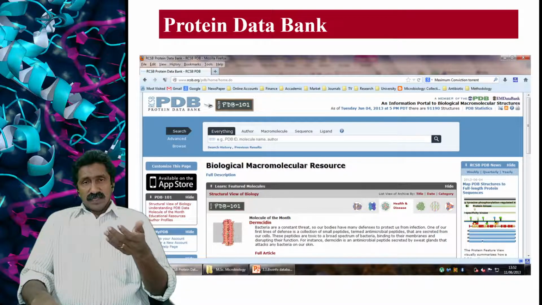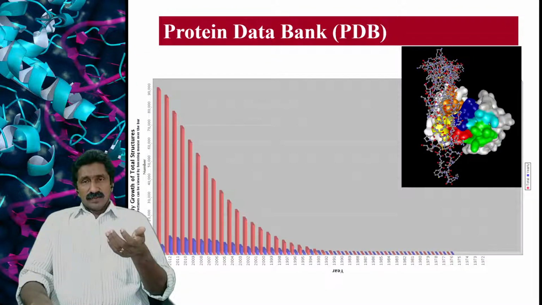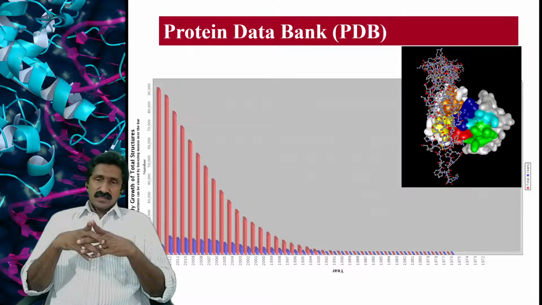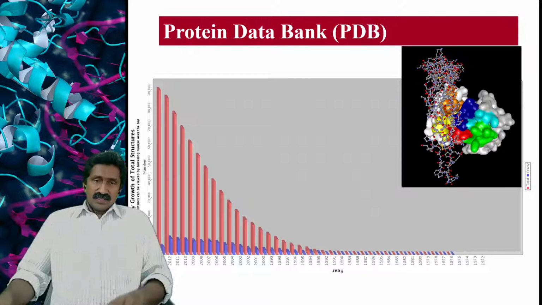So when you compare the size of this PDB database, you can see it's up to 2013 only. This is the yearly growth of the total number of structures. This is about 90,000. And this is only about 10,000, this yearly growth.